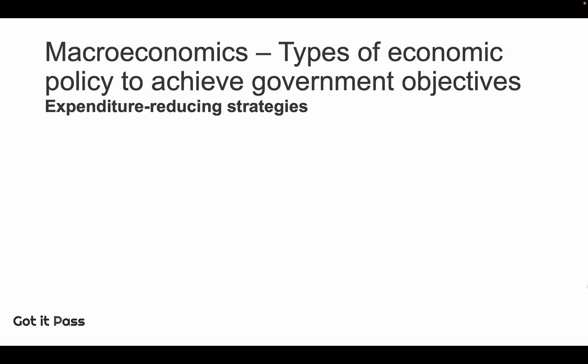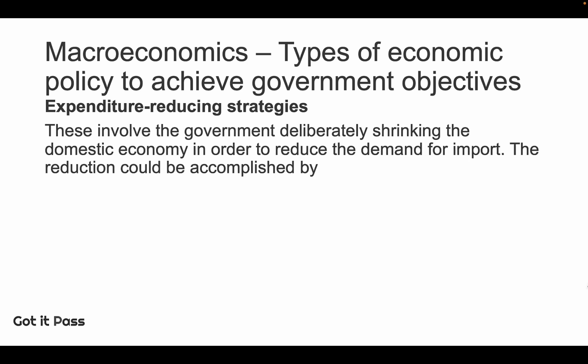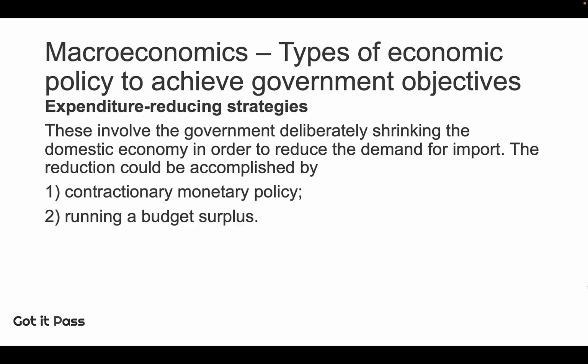The expenditure reducing strategies. These strategies involve the government deliberately shrinking the domestic economy, so that it can help to reduce the demand for imports. And the reduction could be accomplished by, first, contractionary monetary policy, and next is running a budget surplus.